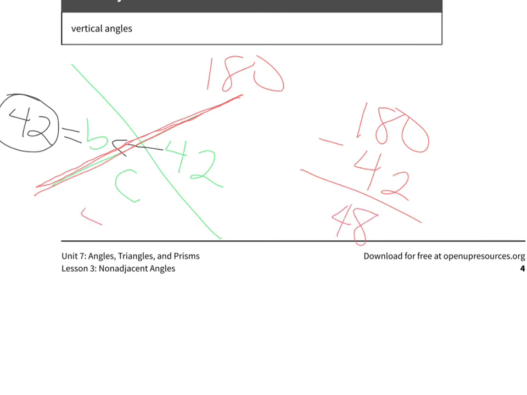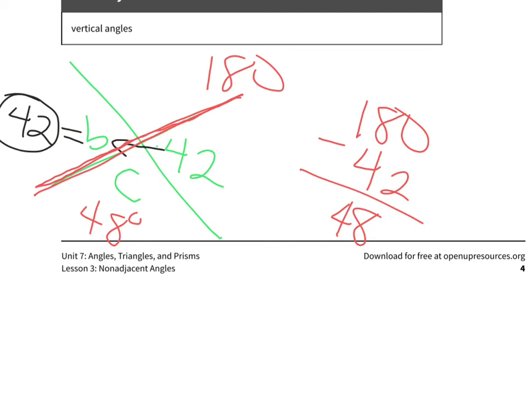So C is 48 degrees. Just kidding. C is 148 degrees. No, I did the math wrong. See, even teachers make mistakes.